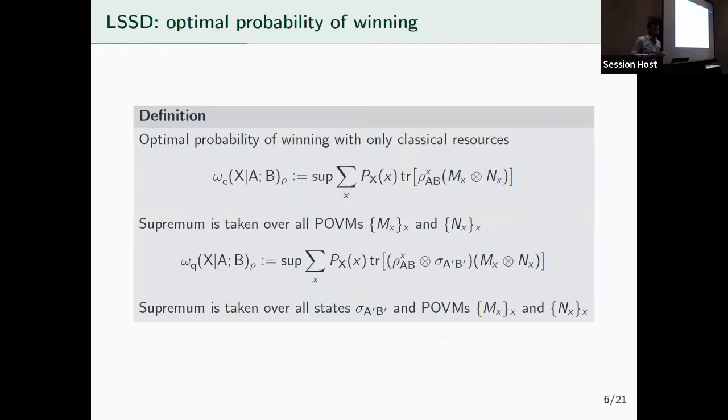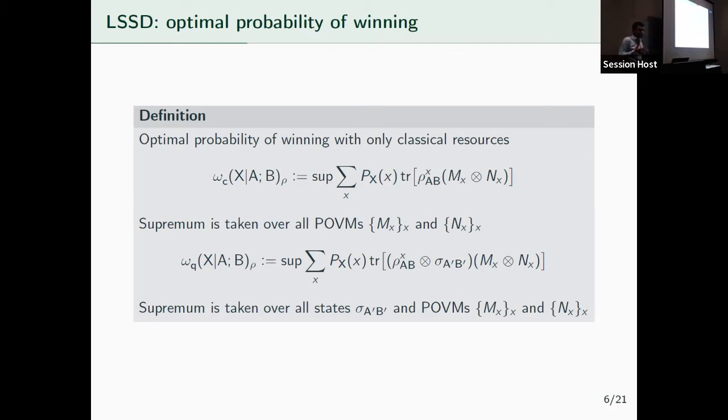Now we define two quantities for this problem. We call them the classical value and the quantum value. The classical value is the optimal probability of winning over all the strategies where the parties cannot share any resources. And we call it classical because I argued that if they share some classical state, it doesn't help. So this is the optimal probability of winning using only classical resources.